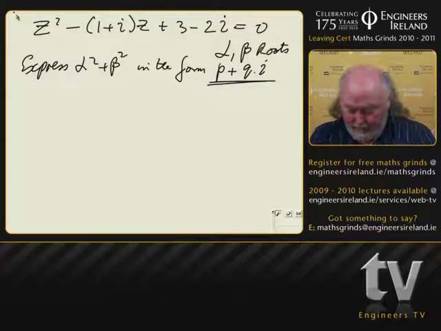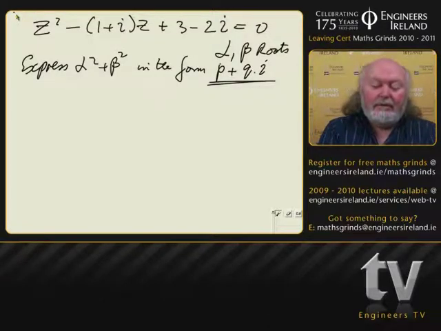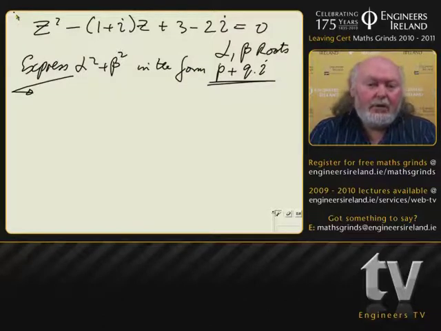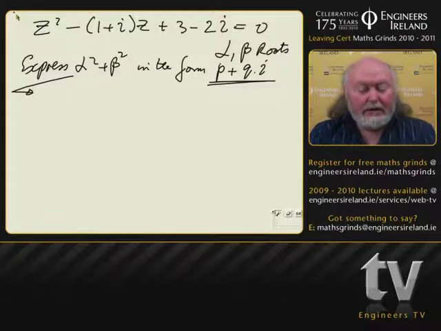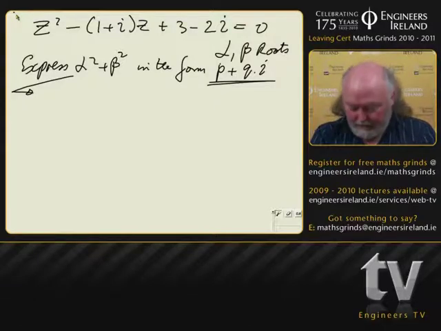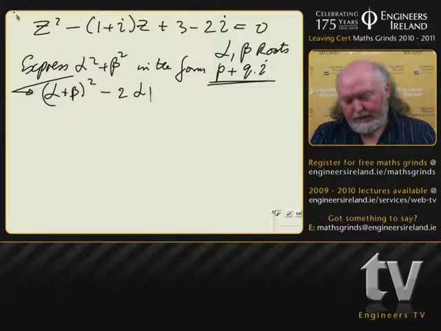Now what do we know about these things? Notice how the same toolbox is coming in here as when you learnt it in the algebra, because we can immediately replace alpha squared plus beta squared with alpha plus beta all squared minus 2 alpha beta.